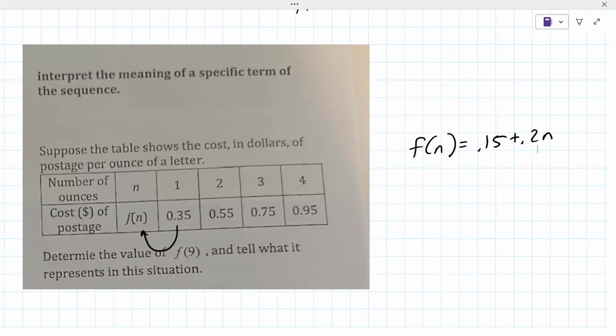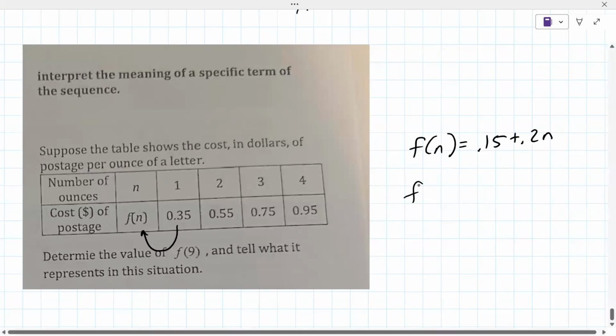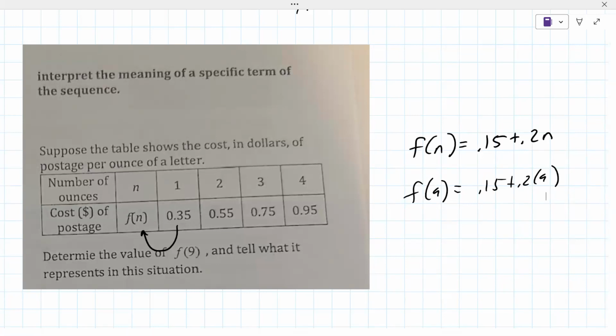Good, f of 9 equals 0.15 plus 0.20 times 9. That equals 2.67.